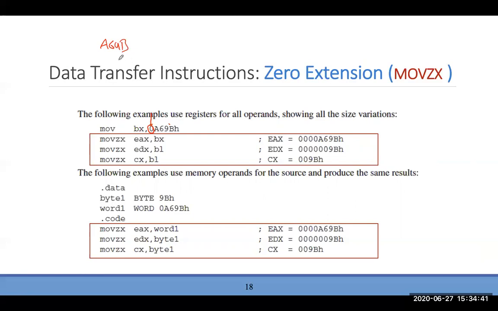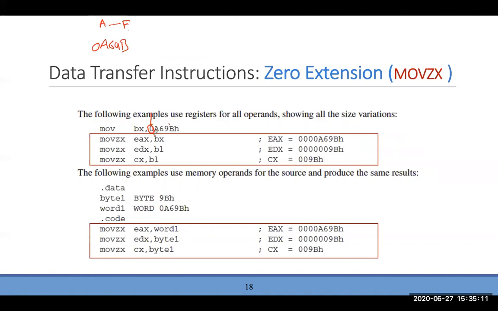So the assembler is going to be confused: is this a hexadecimal number or a variable name? To distinguish this, always, if the most significant hexadecimal digit on the left is A to F, you have to precede it with a 0. That way you're telling the assembler, hey, this is not a variable name, this is a hexadecimal number.